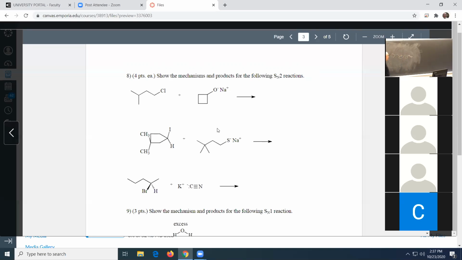A bond is formed and a bond is broken at the same time. And so our product would be this ether. All right, the next one is also an SN2.